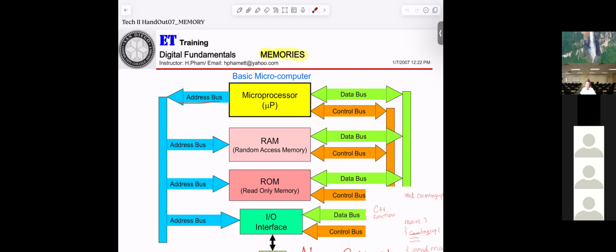Now you can see you can want 4 gigabyte or 8 gigabyte memory. Okay, and basically this is the one working during the time you're working on your computer.